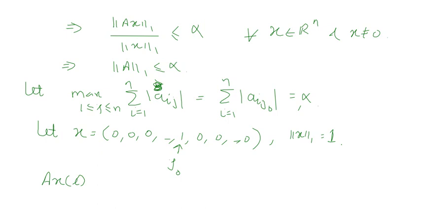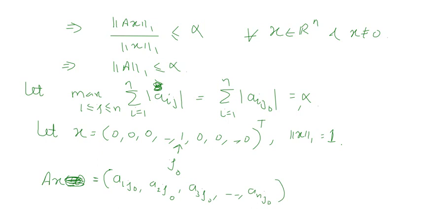If I look at it carefully, what is Ax is, this is here A transpose, you can see column vector, okay, this is equal to a1 j naught, a2 j naught, a3 j naught, and so on up to an j naught.